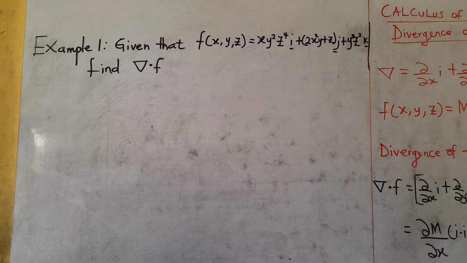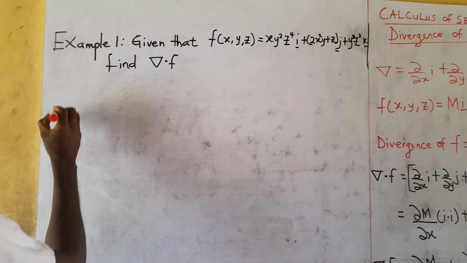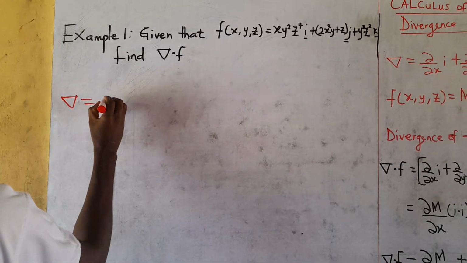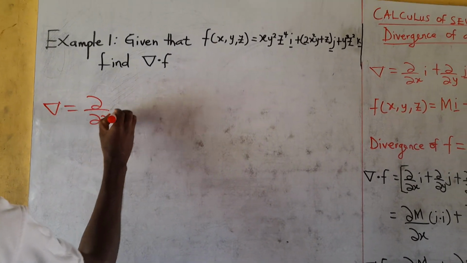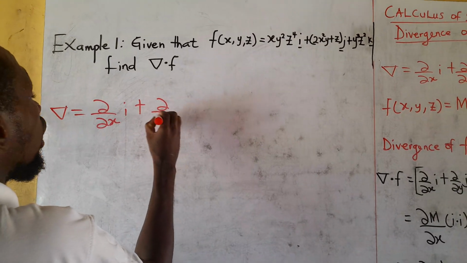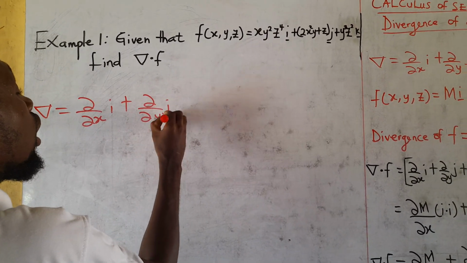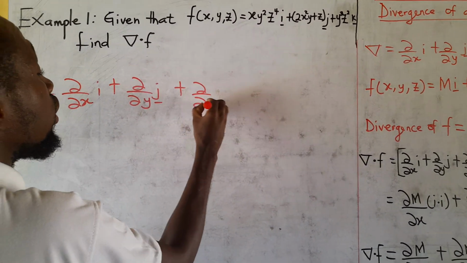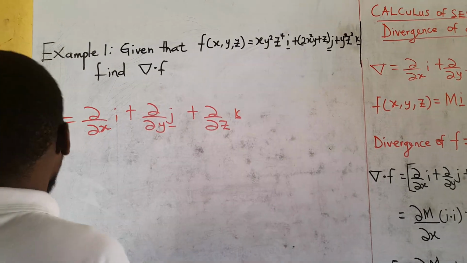So how do we do that? Remember, the differential operator del is ∂/∂x i plus ∂/∂y j, then plus ∂/∂z in the k direction.